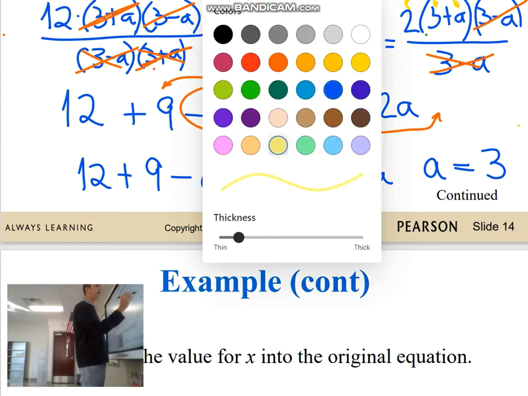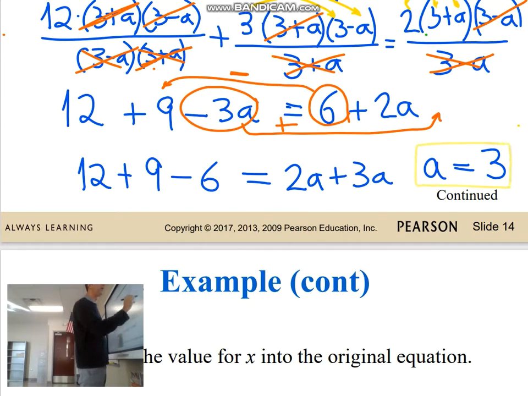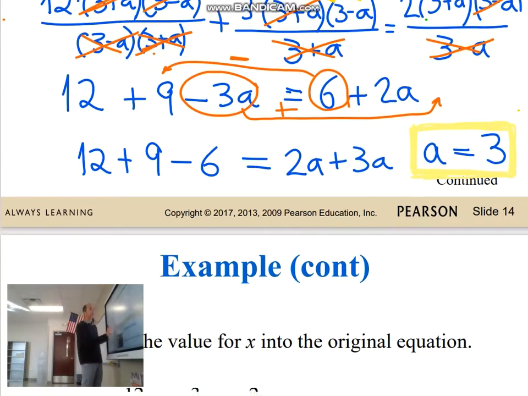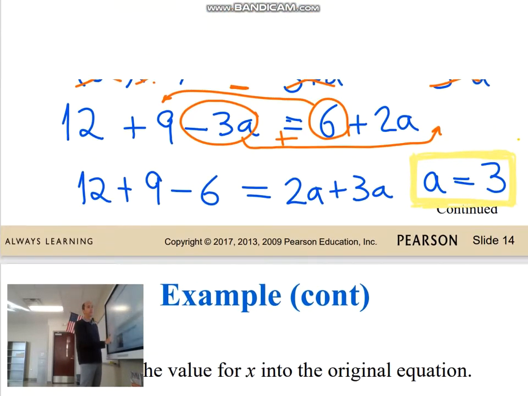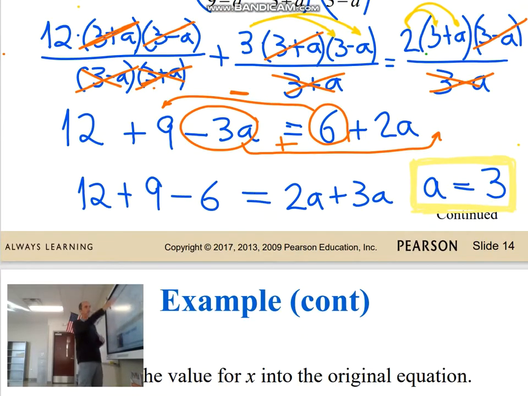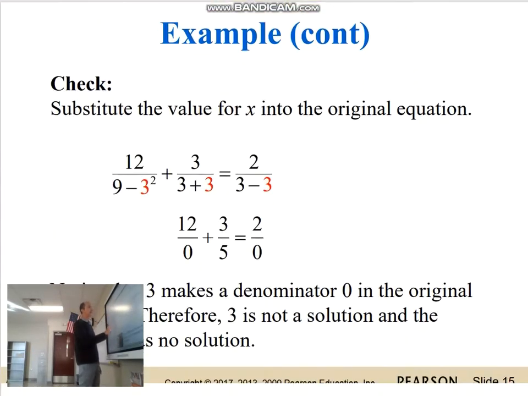3 is the answer that we're looking for, but before you celebrate that you just found an answer, check to see if this is a good, adequate answer, because sometimes, as I told you, it makes the denominator equal to 0, or we made a mistake. So let's check.